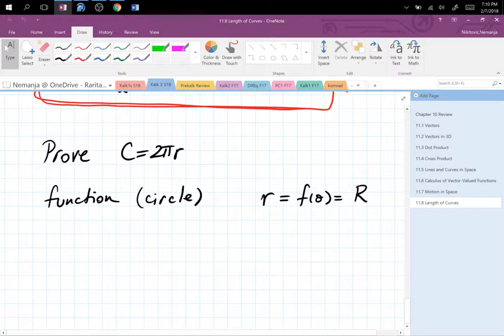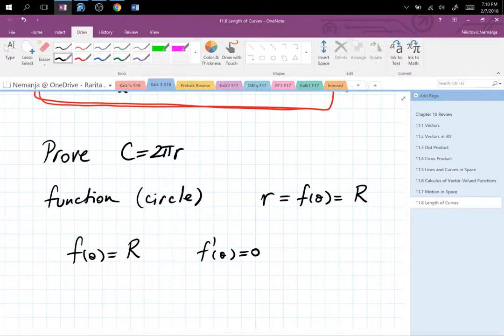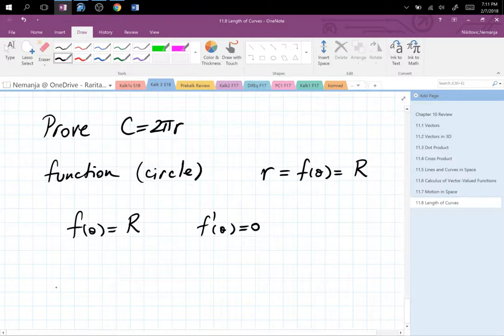So what am I going to do? Well, I have that the function is r equals capital R, so f of theta is R, and f prime of theta is 0, because the derivative of capital R in terms of theta, well, R is a constant, which is the radius of your circle, so R is 2 or R is 5, whatever it is, the derivative of that is 0. So now I set up my length of the curve integral.